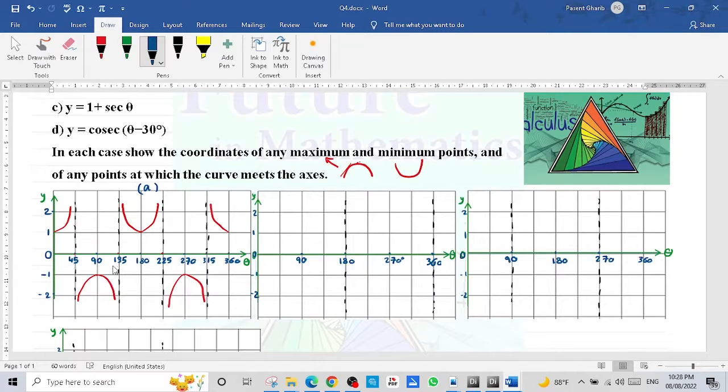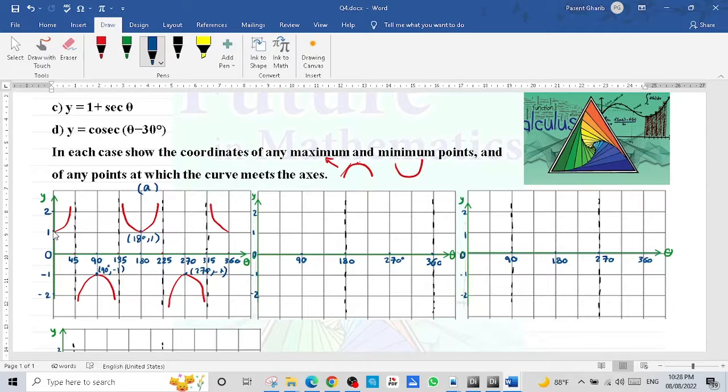So we have a maximum point at 90 degrees and negative 1. Also this maximum, 270 and negative 1. The minimum point is this point, 180 and 1.